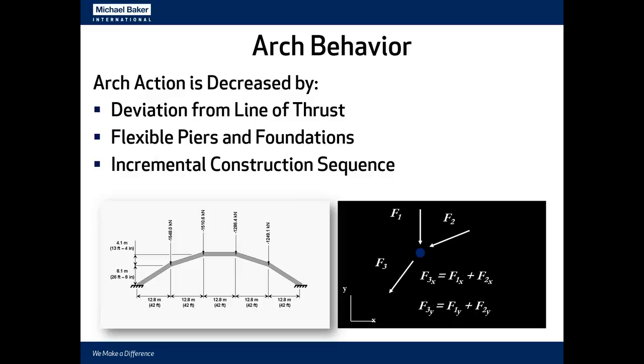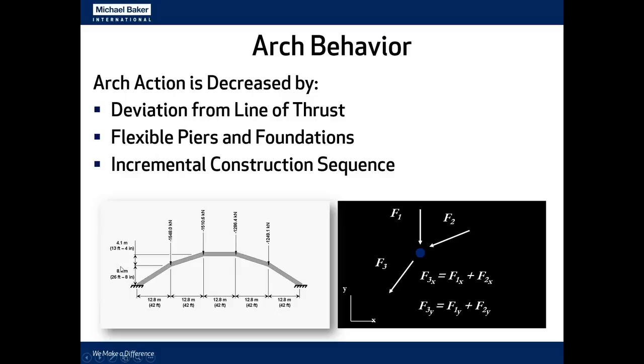That sort of ideal arch behavior comes closest to being met if you have fully fixed supports at the base of an arch, and an arch that follows the line of thrust, where the dead load axial force coming in at each joint between a spandrel column and the arch exactly adds in magnitude and direction to the resultant axial force in the arch below the joint. For an arch supporting just discretely spaced spandrel columns, the line of thrust is a polygon, so it's not a smooth curve. So this arch shown down here has the same span length as the actual arch of the Fulton Road Bridge.